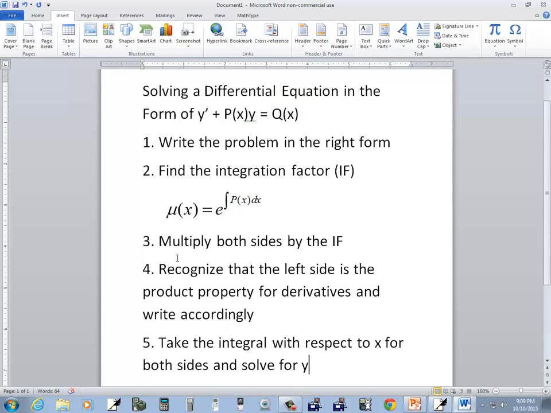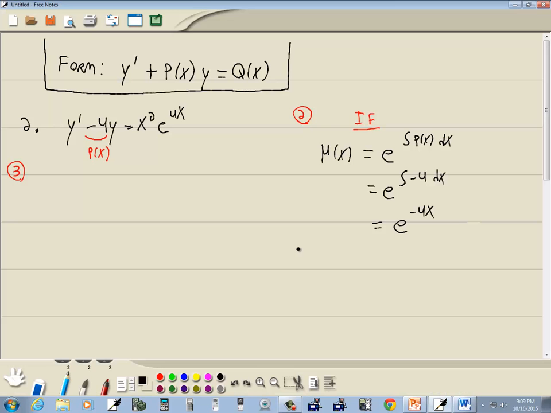Step 3, multiply both sides by the integration factor. So we're going to take e to the negative 4x times y prime minus 4y equals e to the negative 4x times x squared e to the positive 4x.